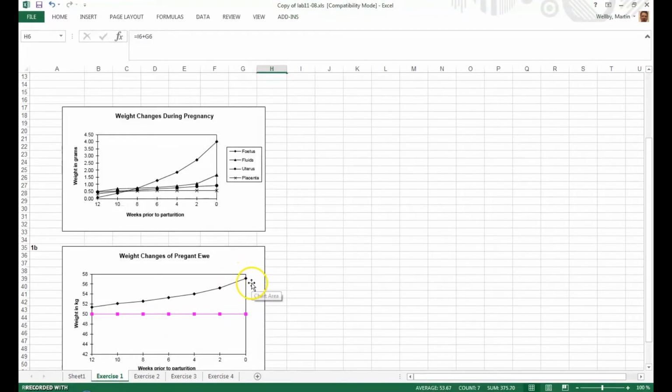And the point to this is that after this point here, after the 0, she's going to have a lamb and she's going to be lactating and feeding that lamb. She can't physically eat enough food to meet the energy demands on her. So she will lose weight.